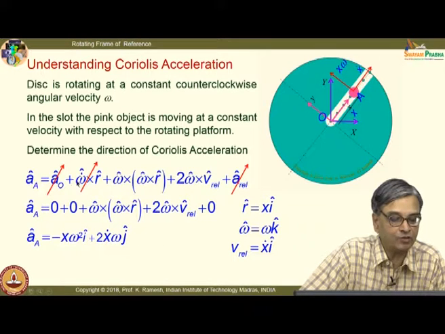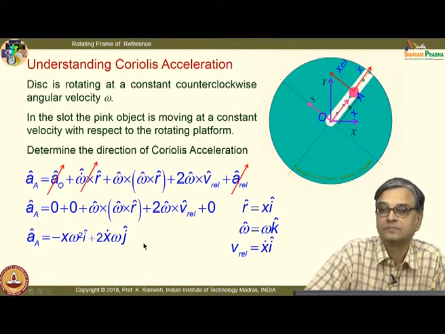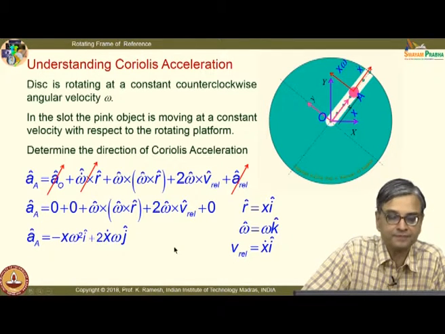So, finally, when you simplify, the acceleration of the particle A simply reduces to x omega squared i plus 2 x dot omega j, and we have omega as omega k and r is x i. All these quantities are very clearly labeled.